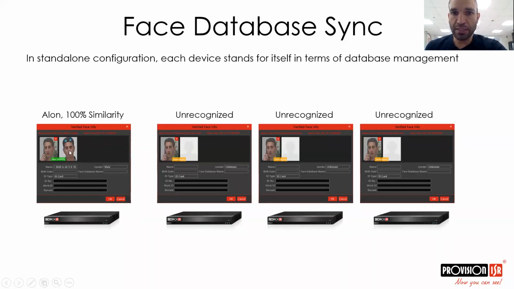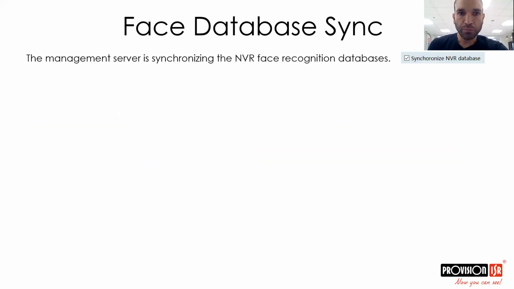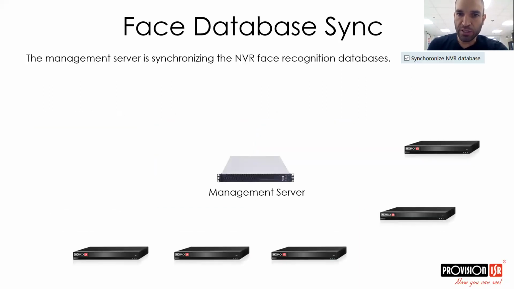Alon is recognized, but in order for the other NVRs to recognize Alon as well, we need to synchronize the database, because otherwise we need to add Alon to each and every one of the NVRs. The engine that can synchronize the face database is the VMS. Both the standard and the enterprise can do this work, okay? So what we can do, we can use the management server.